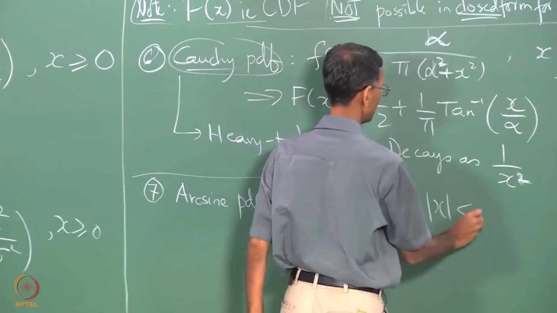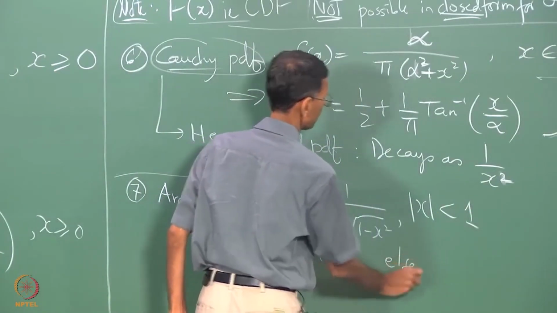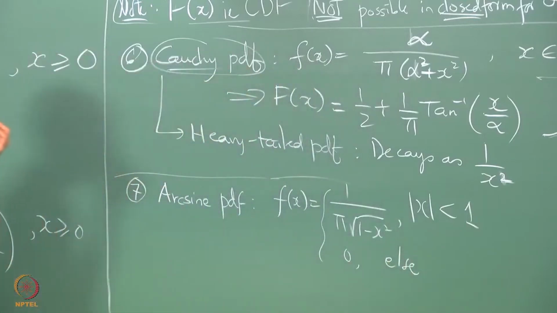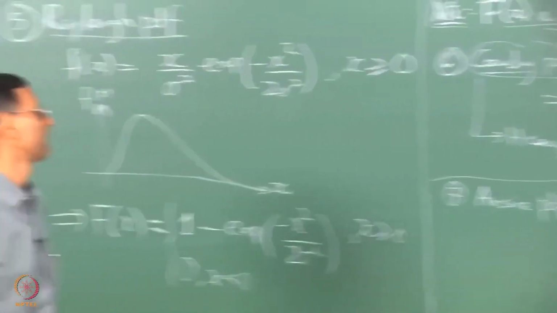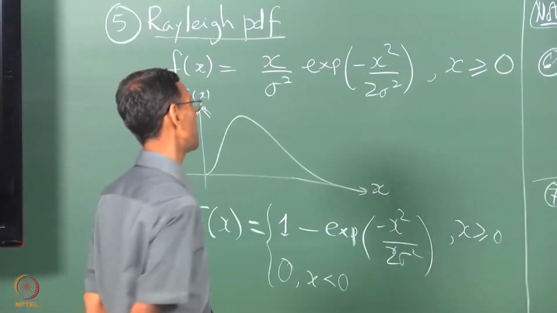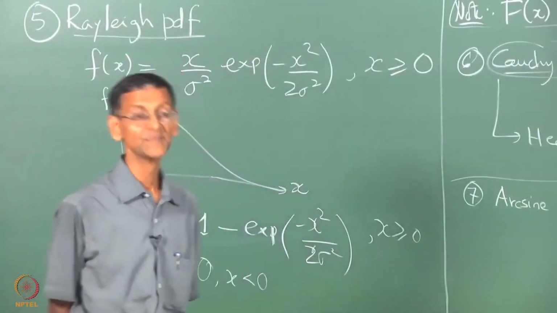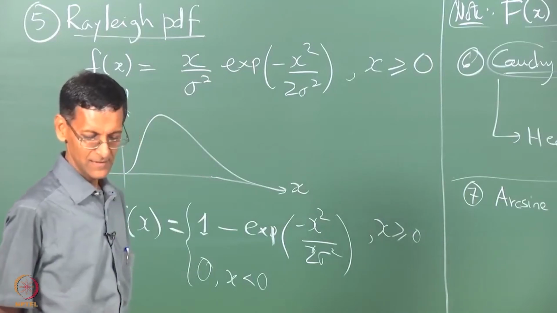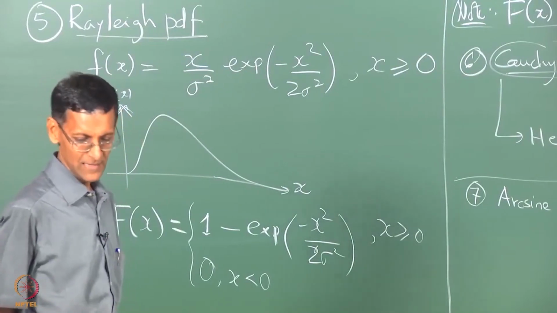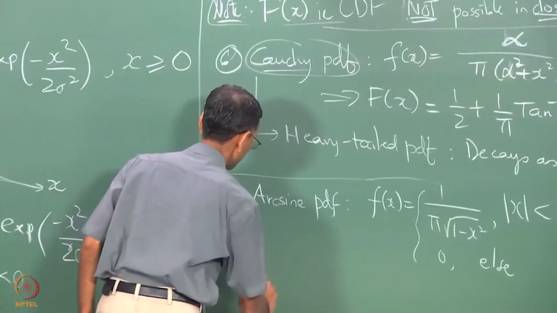Say mod x less than 1. What is interesting about this? First of all, does it have finite area? Does it have a closed form CDF? What is F of x?